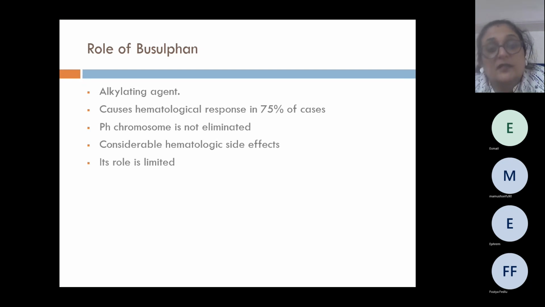There were considerable hematologic side effects. Therefore, its role is limited. It did give hematologic response, but the Ph chromosome was not eliminated. So the use of busulfan was very, very limited.